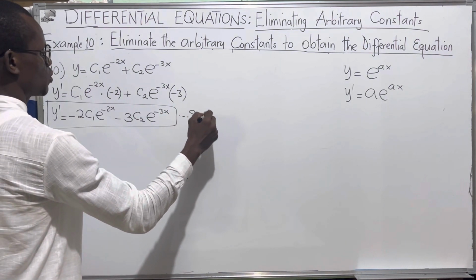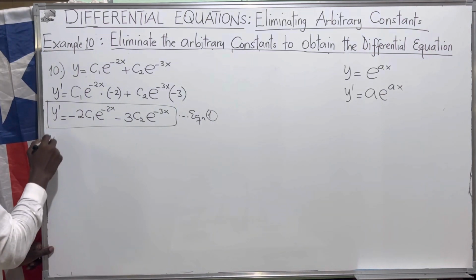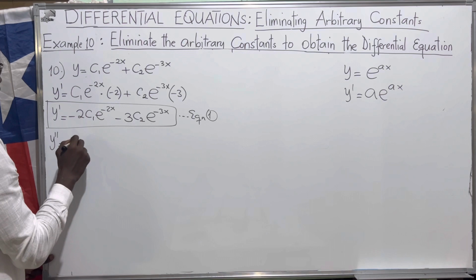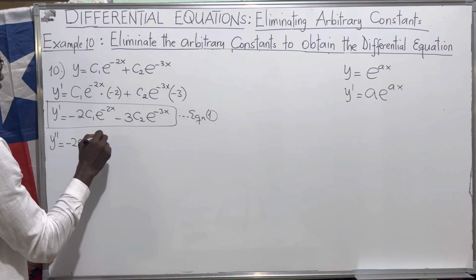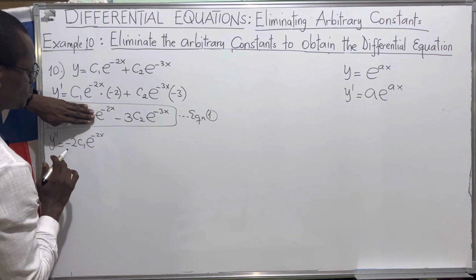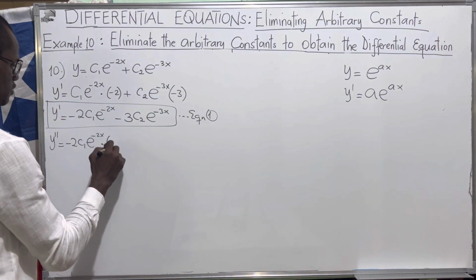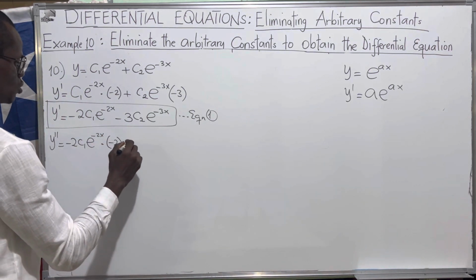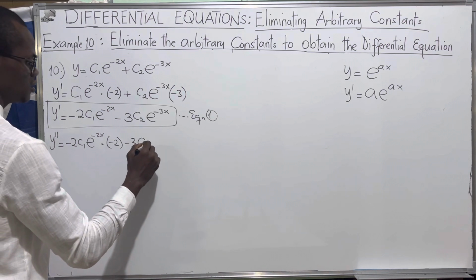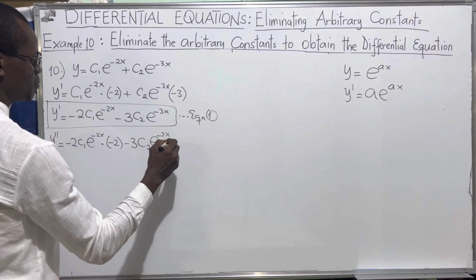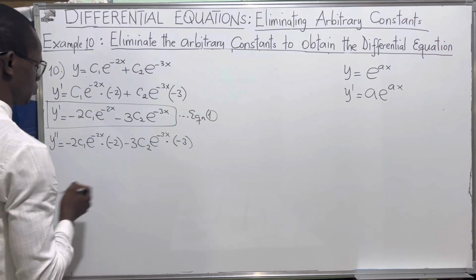From equation 1, we get equation 2. We have y prime prime equals minus 2c1 e raised to the power minus 2x. Now, remember we're differentiating e raised to the power minus 2x, so we rewrite it and then differentiate the power, which is minus 2. Then minus 3c2 e raised to the power minus 3x times the derivative of the power, which is just minus 3.